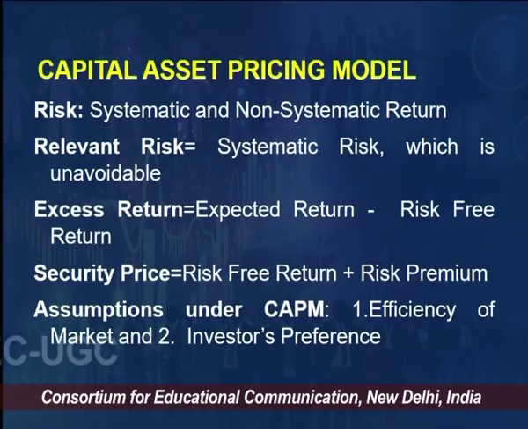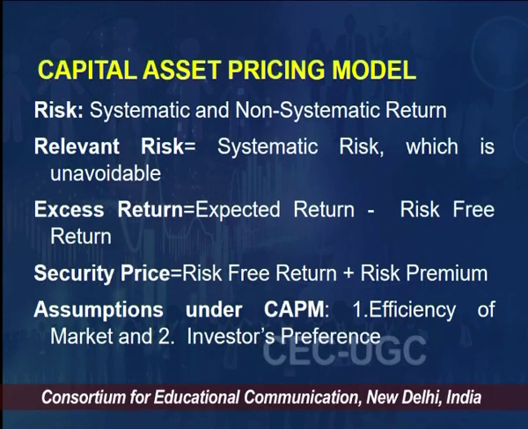So that premium is basically the excess return over the risk free return and the expected return. The difference of the two is excess return, and the security price, that is KE, the cost of equity of a particular company, right? It means KE can be calculated for any company. So KE for a particular security, for a particular equity, is basically risk free return RF, which is basically the cost on treasury bill, plus the risk premium.